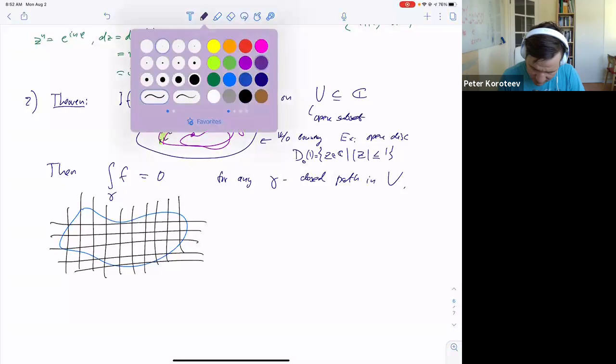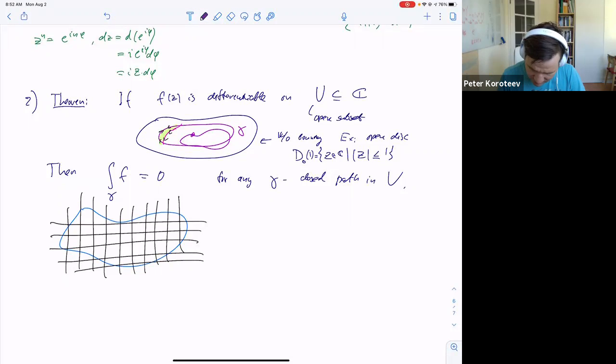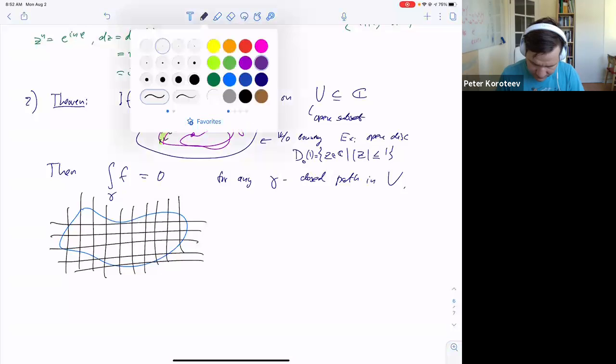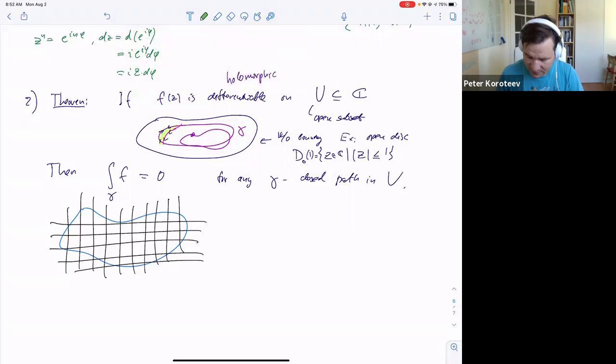Those functions whose derivative exists, which are differentiable, are called holomorphic, or complex differentiable. An example of a non-holomorphic function is the absolute value of z divided by z plus 1. This is not holomorphic.